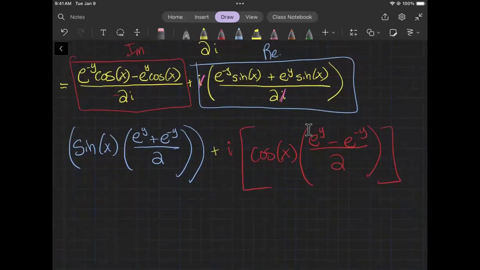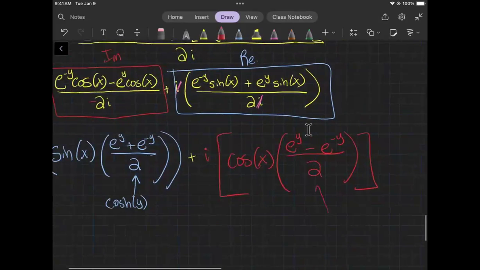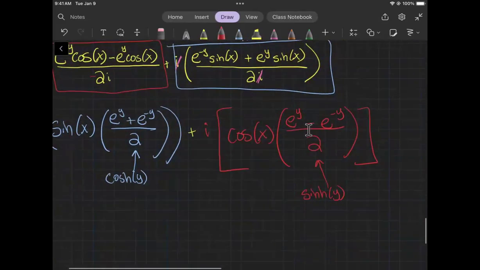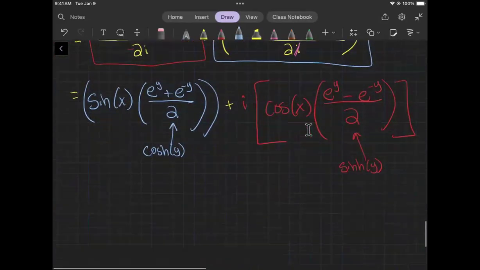So what we just did here is write out sine of z in terms of the real and imaginary components. I don't know if you recognize this quantity here. This is hyperbolic cosine of y. And this quantity right here indicates hyperbolic sine. We'll talk about hyperbolic trig functions later, but in the real numbers, that's how you would define those two functions.